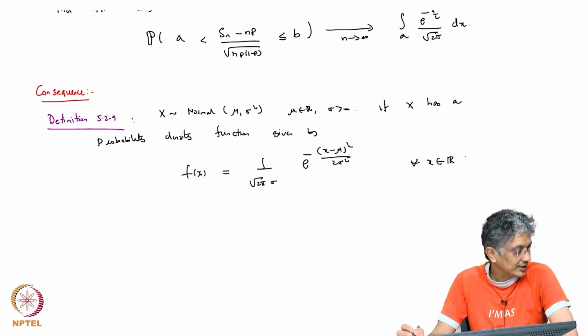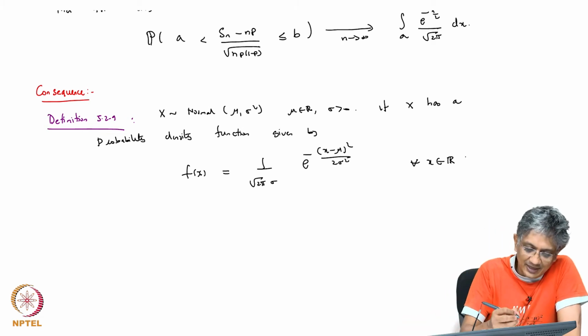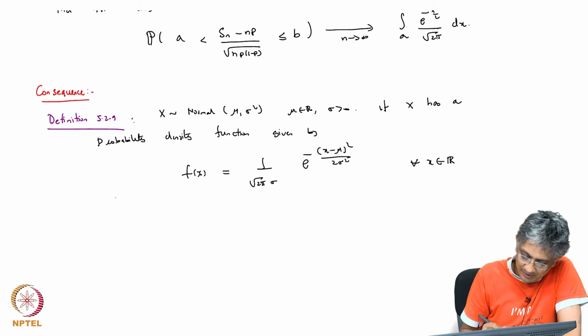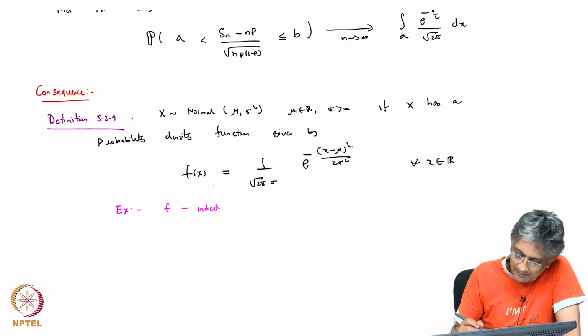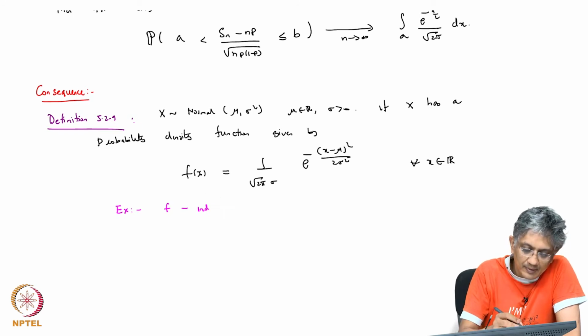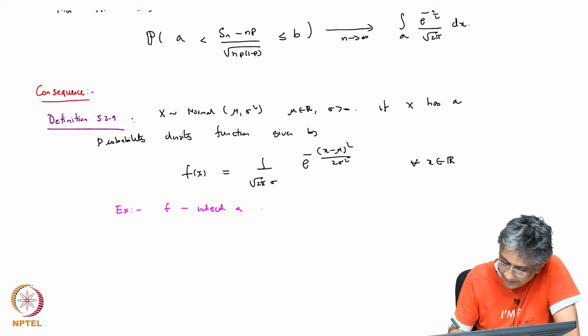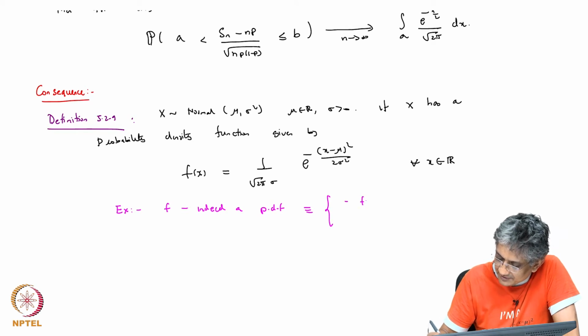So this is what the density will look like. One can actually check, though I will not do it in this course, that f is indeed a PDF. That is, f is continuous, f is non-negative, and the integral over the real line is equal to 1.